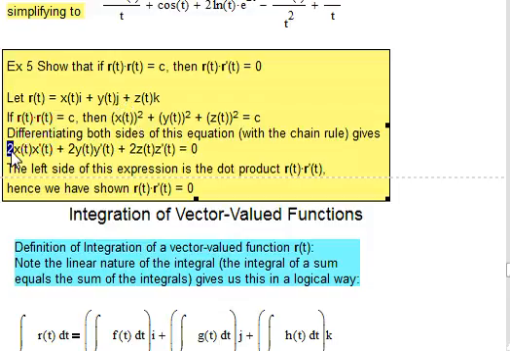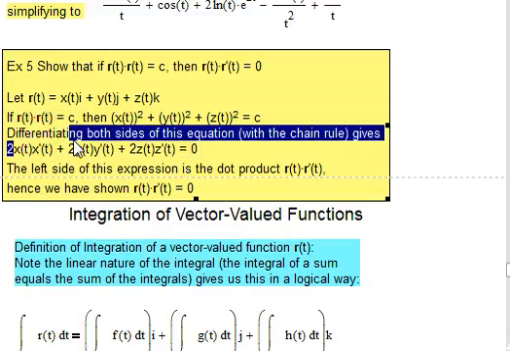So we get 2x(t) times x prime(t), and then the derivative of this part, which is 2y(t) times y prime(t), again from the chain rule. And then the derivative of this part would be 2z(t) times z prime(t), again the chain rule, so that's where the z prime of t came from. And the derivative of c, as I said before, is zero.